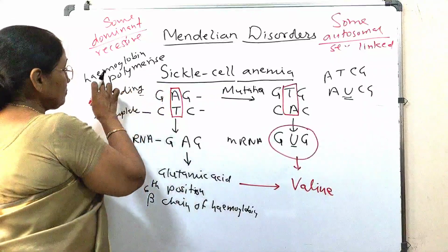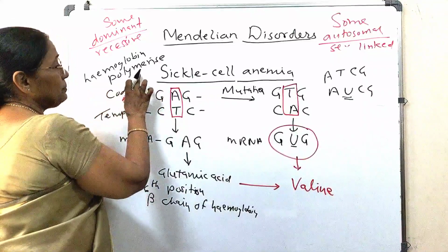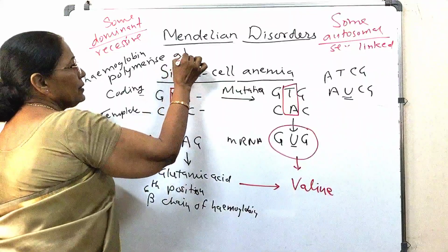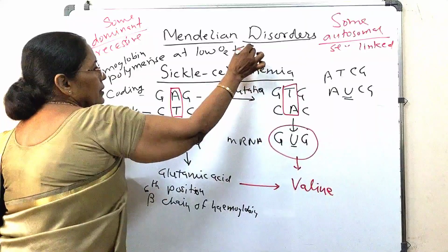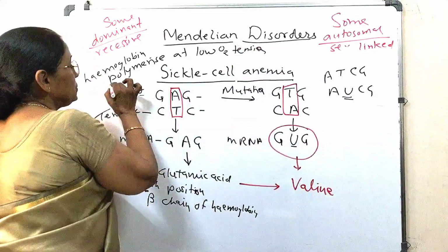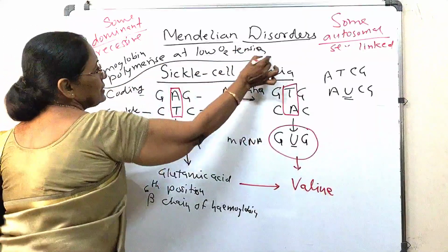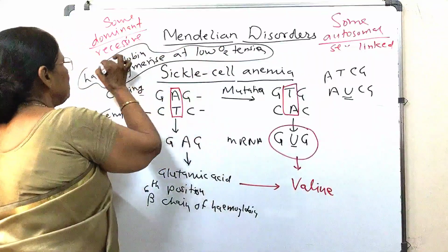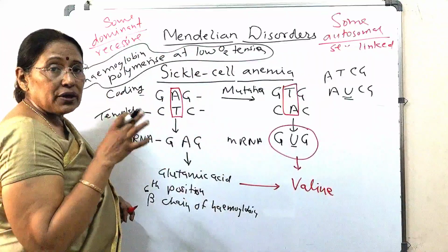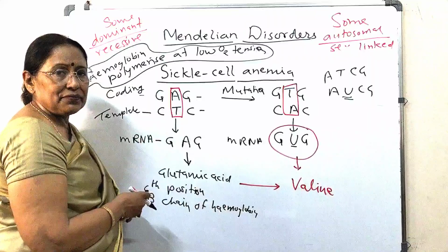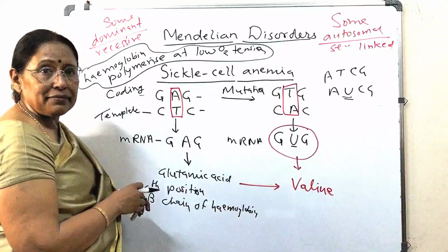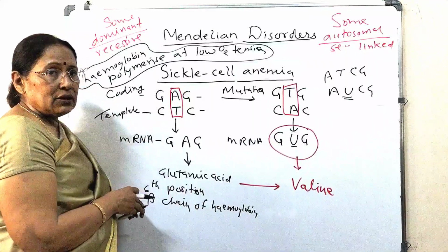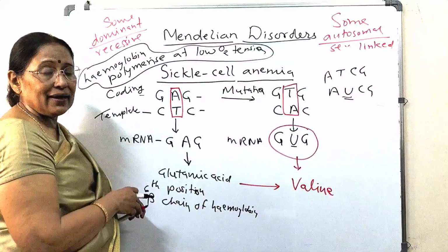The hemoglobin molecules polymerize at low oxygen tension. Due to this feature, the RBC shape changes from concave to sickle shaped. That's it. समझ गए? सिकल सेल एनीमिया क्लियर है? तो चलिए आगे बढ़ते हैं.